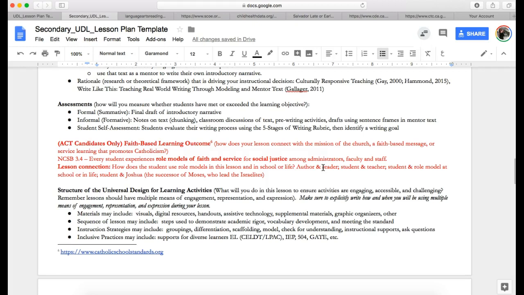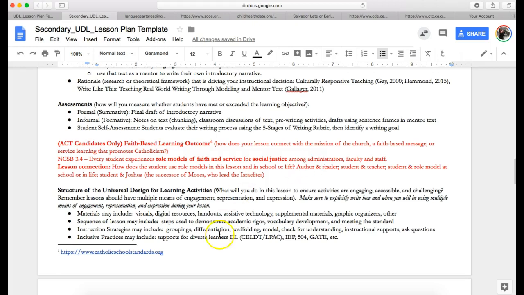The next part is only for the ACT candidates, the Academy of Catholic Teaching. So if you're working in a Catholic school, then one of the things you want to think about is how you integrate the mission of the church, faith-based messages, or service learning that promotes Catholicism.